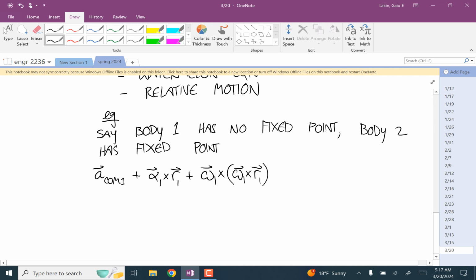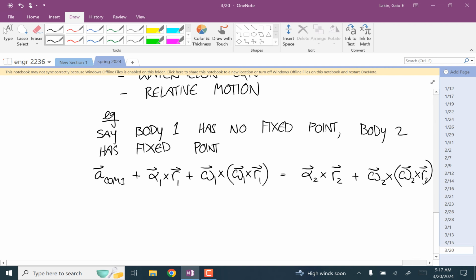And we would set that equal to the acceleration of that point according to body 2 that has a fixed point. Well, if you have a fixed point, then you're just going to use the watermelon equation. So we get angular acceleration of 2 crossed with r2 plus omega 2 cross quantity omega 2 cross r2.